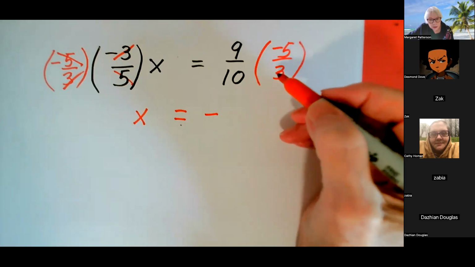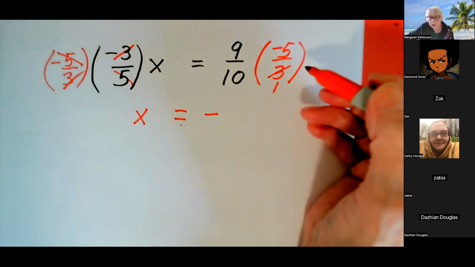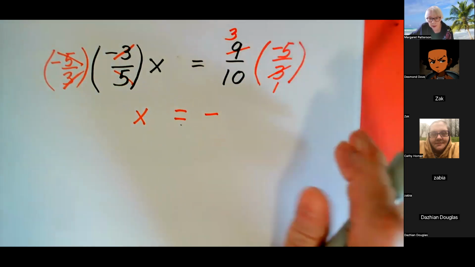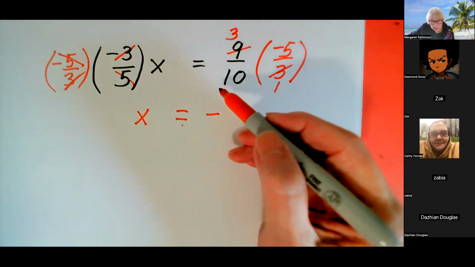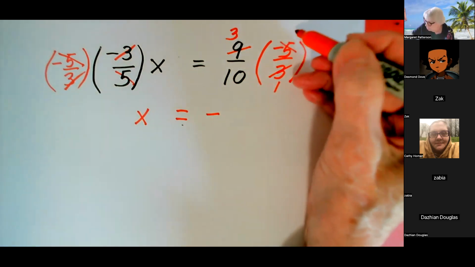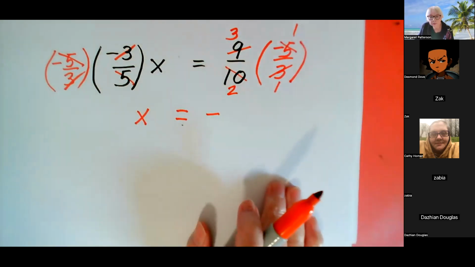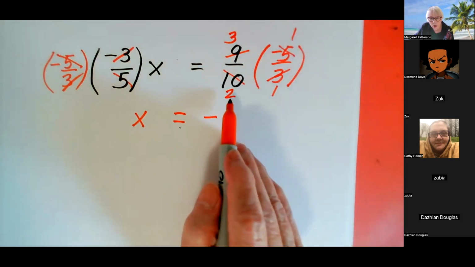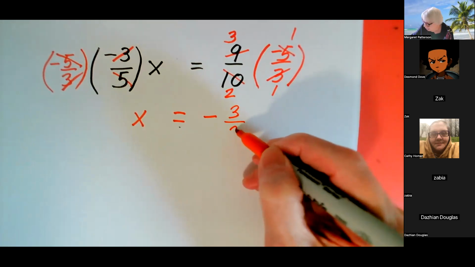I need to cancel this right now while I have the chance. 3 goes into 3 once and into 9 3 times if you cancel that way. 5 and 10. 5 goes into 5 once, into 10 twice. And what's left is 3 times 1 over 2 times 1. So it's minus 3/2.